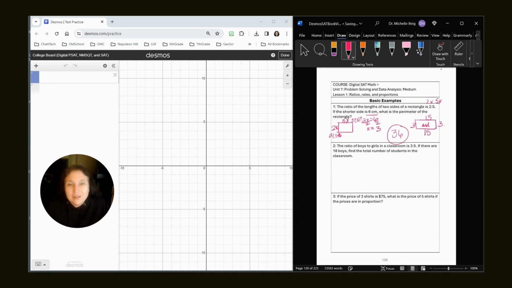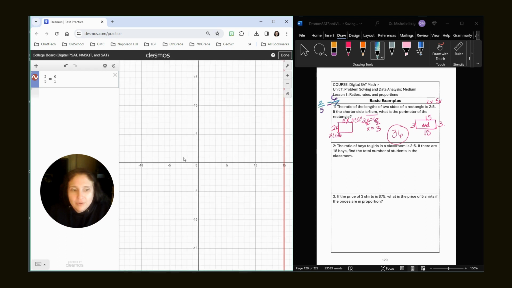There's not a whole lot we could have done in the calculator. You could have done what I'm going to do now, which is 2 is to 5 as 6 is to x. That's really what they wanted you to do. So we've got 2 divided by 5 equals 6 divided by x.